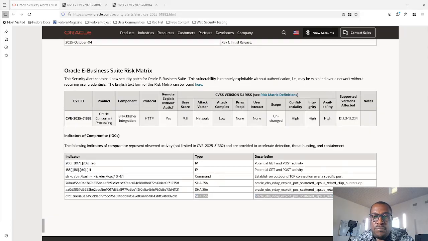From this article, you can see that Oracle states that there is a high chance of unauthenticated remote exploitation if you are running Oracle E-Business Suite, or there might be remote code execution, which you can see from the commands that can be run by the attacker.